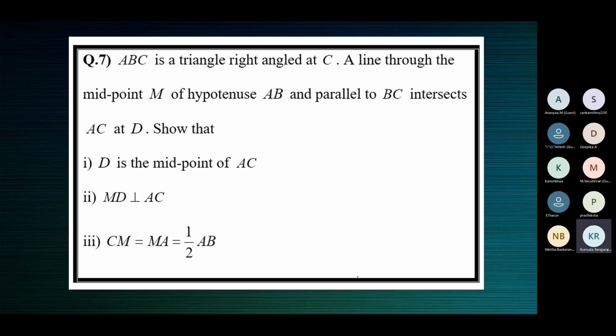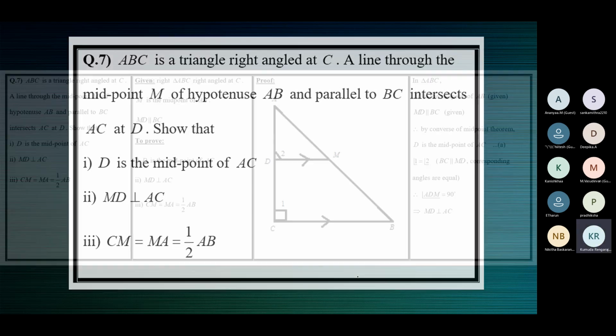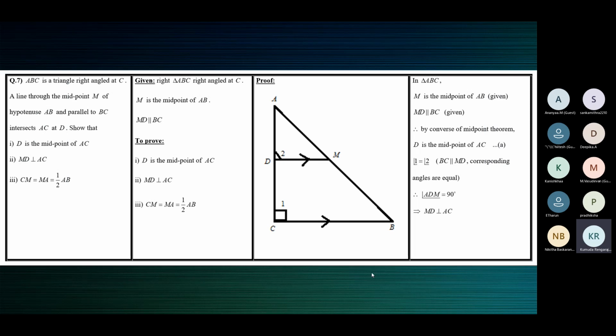Okay. So triangle ABC is a right angle triangle, let's see. Let me just take this figure.